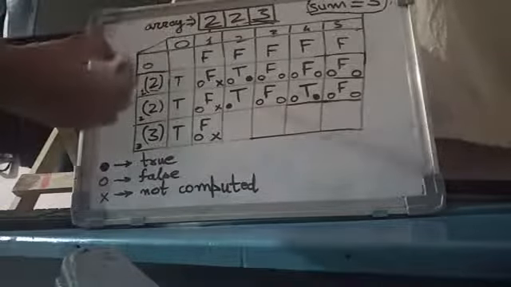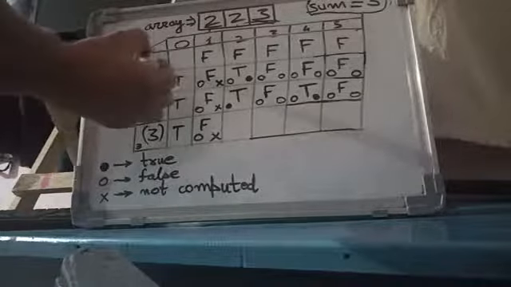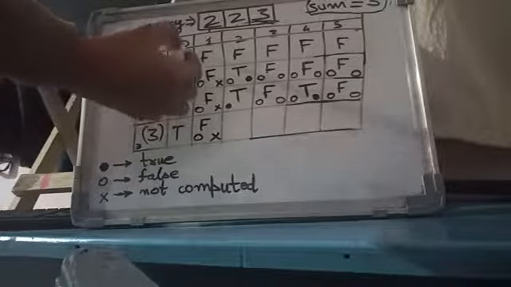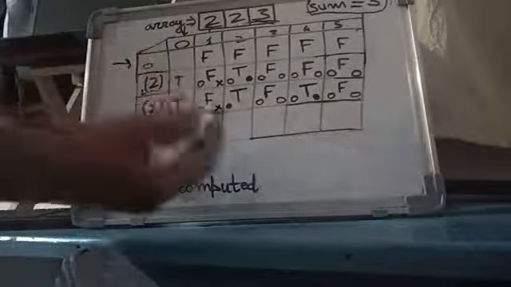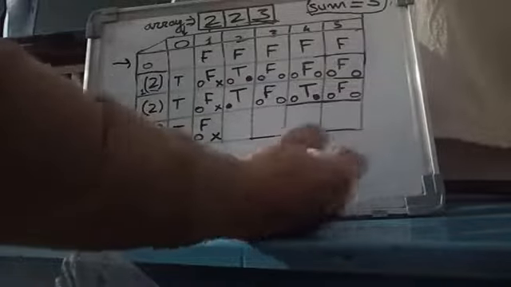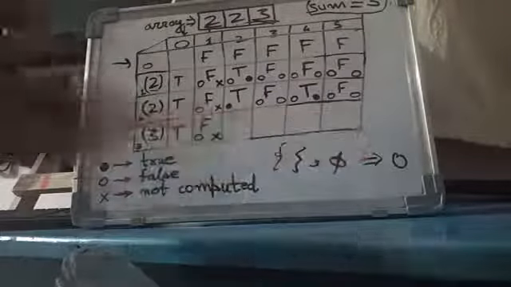If I take the zeroth index element, that is null basically, and it gives me zero sum, for example, in this cell, if I take the zeroth element, or you can say the empty subset phi, or the null set, then its sum would be 0, so it's true.